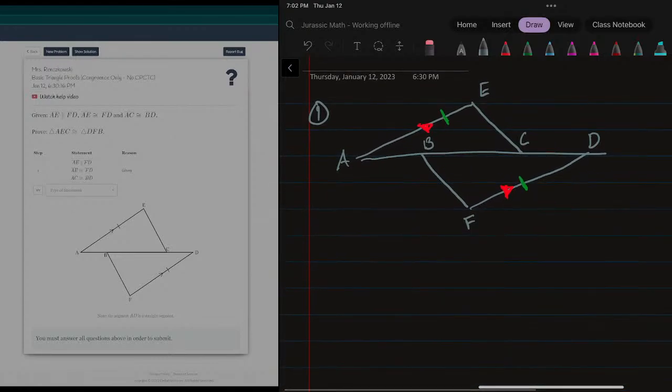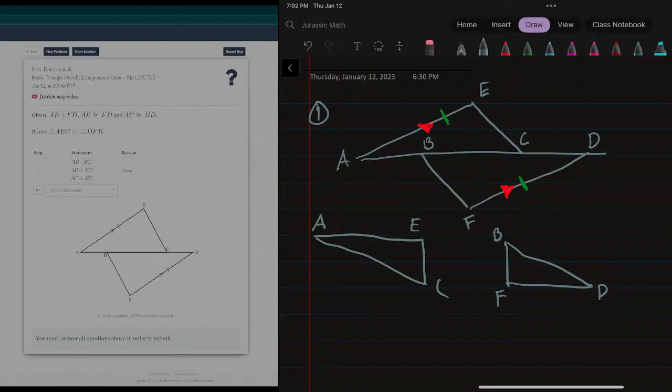I'm going to turn AE over like this and have C come down like this. And then I'm going to do the same exact thing with B, F, and D.